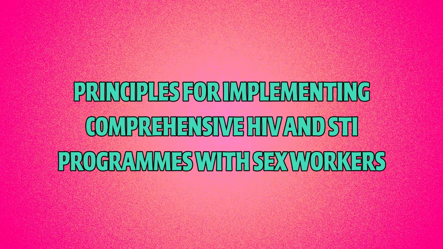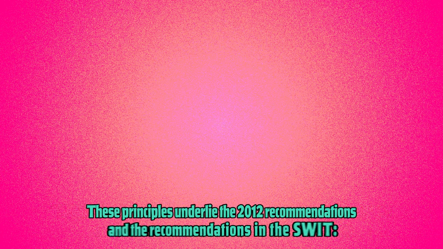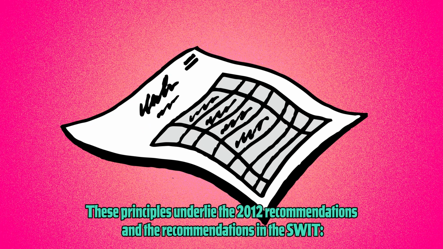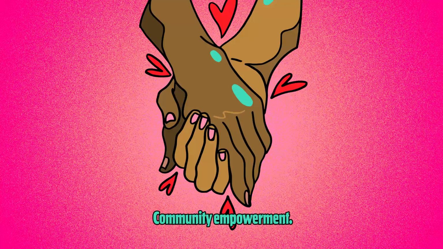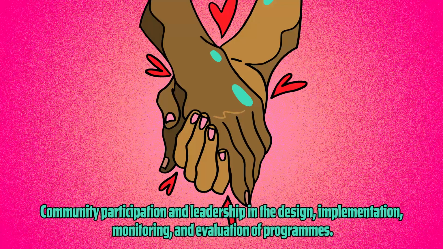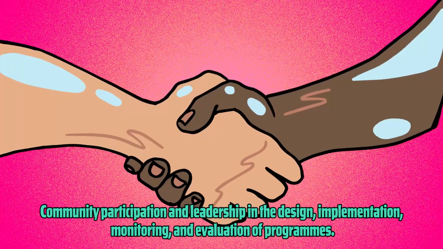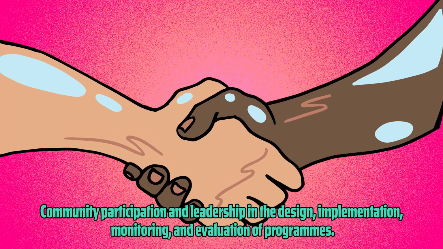Some principles for implementing comprehensive HIV and STI programs with sex workers. These principles underlie the 2012 recommendations and the recommendations in the SWIT. Community empowerment: community participation and leadership in the design, implementation, monitoring and evaluation of programs.